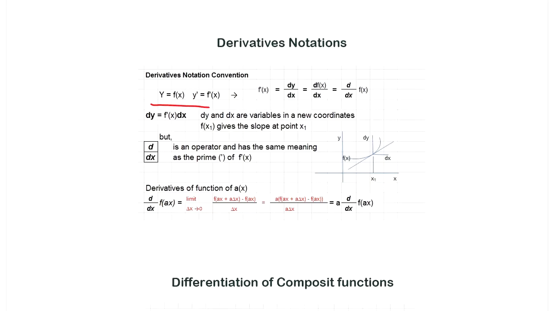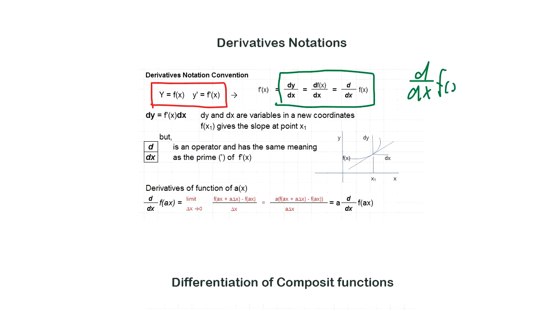Okay, slope function, we said we just put the prime. Okay, f prime or y prime, whichever. And also we can write dy/dx, we wrote it one time, or d/dx f(x). This is same as f prime, nothing more.